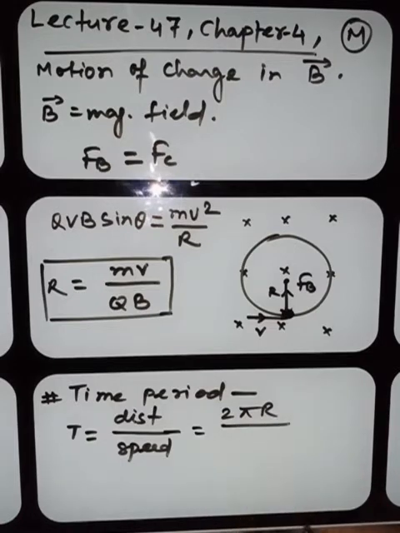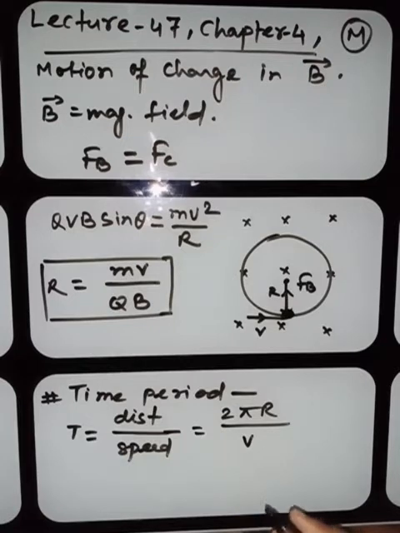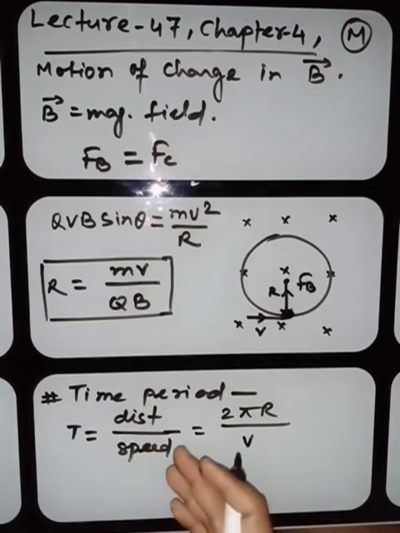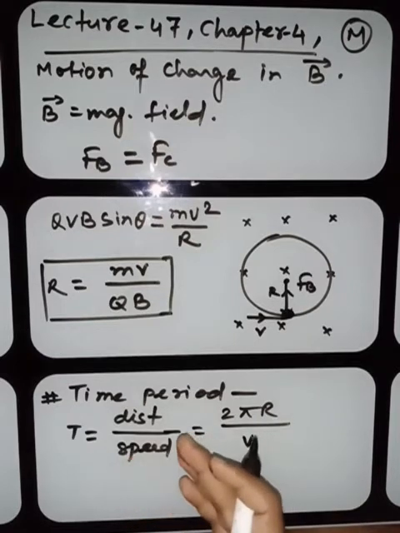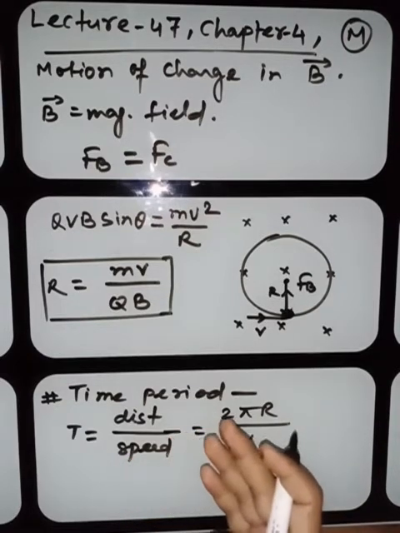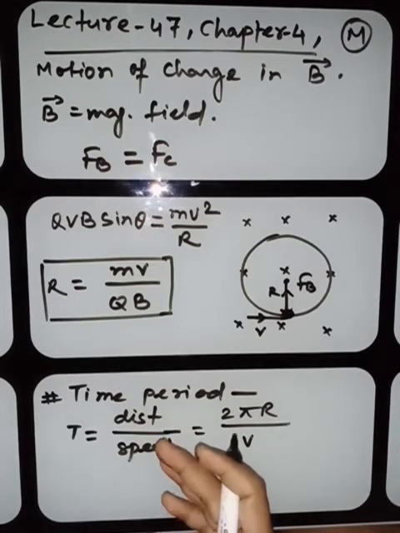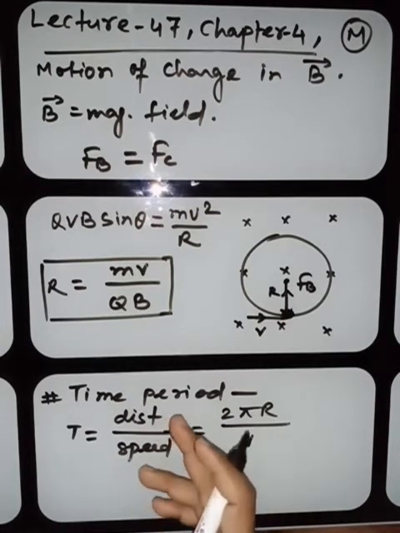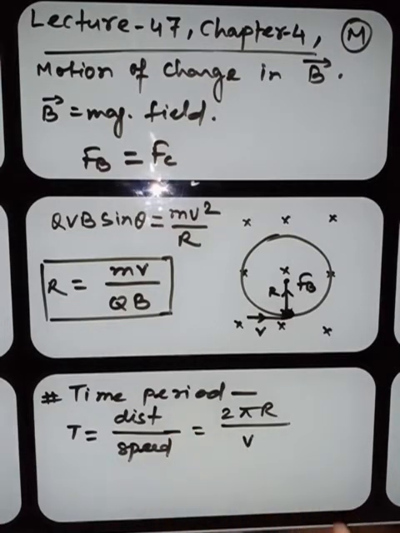And the speed, suppose it is moving with speed v. As it changes its direction, the speed, that is the magnitude, is not going to change, because we have discussed already that the magnetic field has no capability to change the speed of a circulating charge.